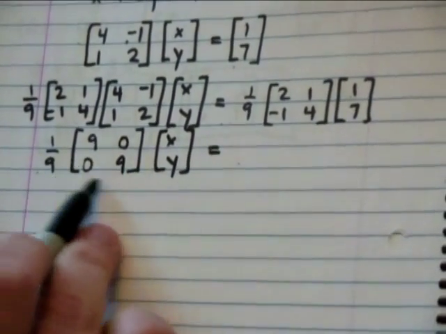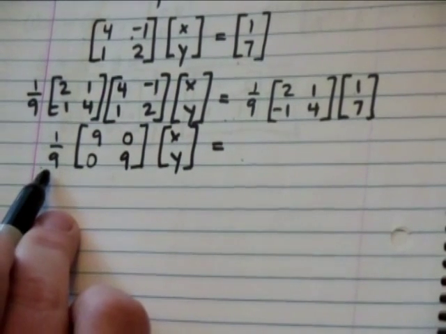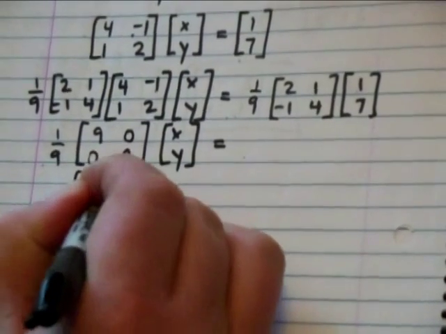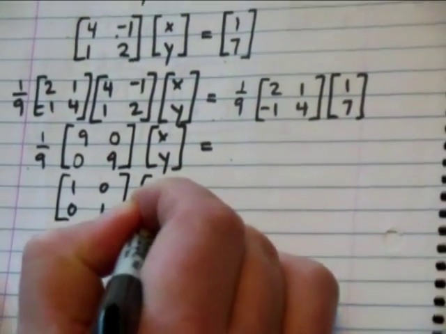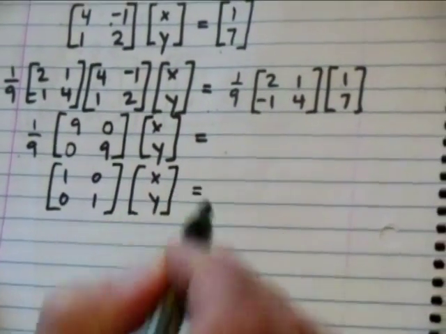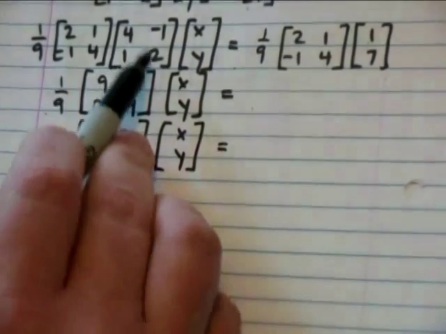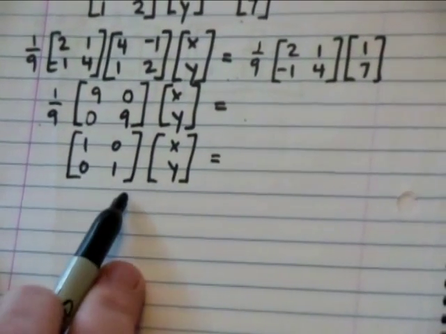Notice that in this matrix now, everything in here I can multiply through by 1/9, and it'll come out very nicely. In fact, it gives us something called the identity matrix. And that's the whole point of these inverse matrices, that when you multiply a matrix by its inverse, you end up with the identity matrix.